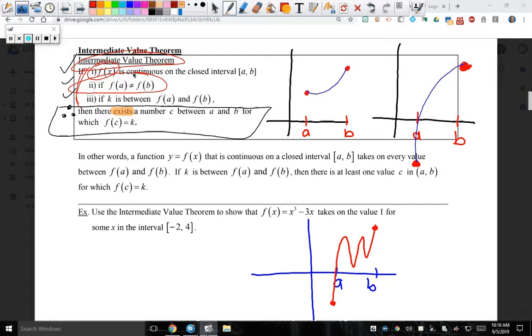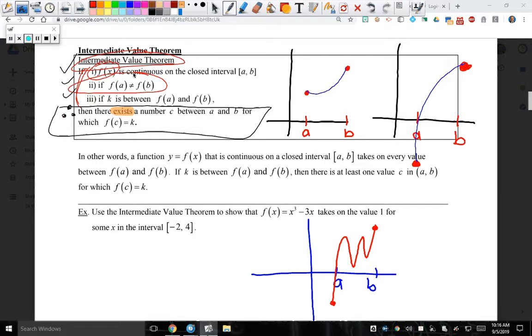Lexi, what would you say? F of A does not equal F of B. What does that mean? That their y values are different. Perfect. Both of them together build perfect. The y's are different. The y at A does not equal the y at B.